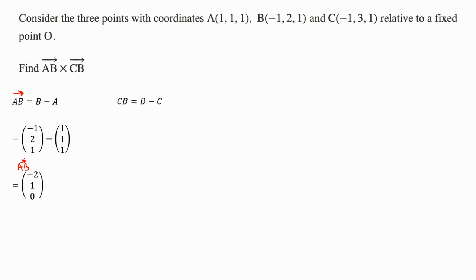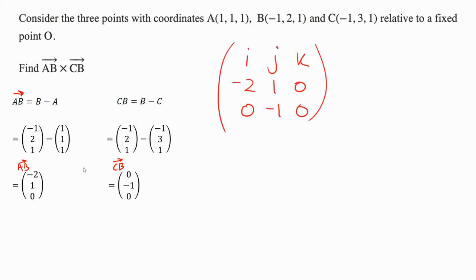Then we need to find CB by doing the coordinates of B minus C. So this is CB. -1 minus -1 would be 0, 2 minus 3 is -1, and 1 minus 1 is 0. You could enter all these in as matrices again, but it's going to be so much work, and I wouldn't do it that way.